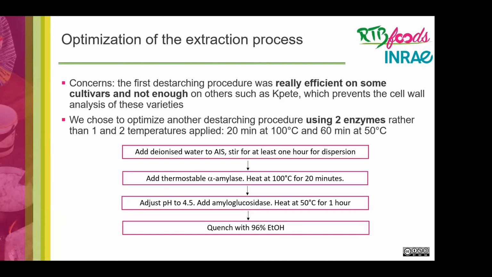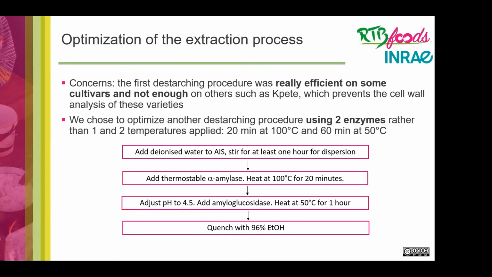However, there was an issue with our first distarching procedure: it worked very well on some varieties, and on others, like Pectin yam, we still had 50% of starch in the distarched powder. So it was not possible for us to study all varieties with our first protocol. So we tried to find another one.